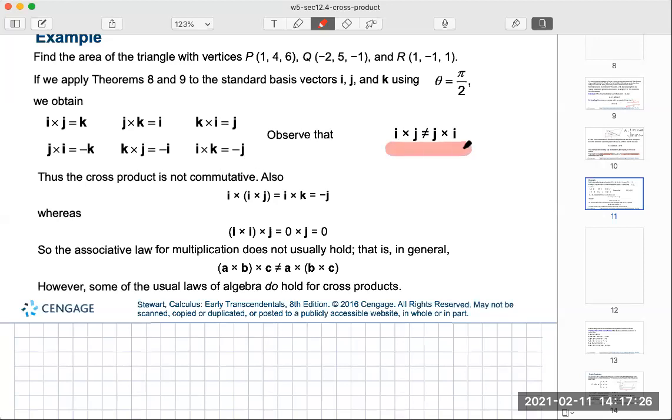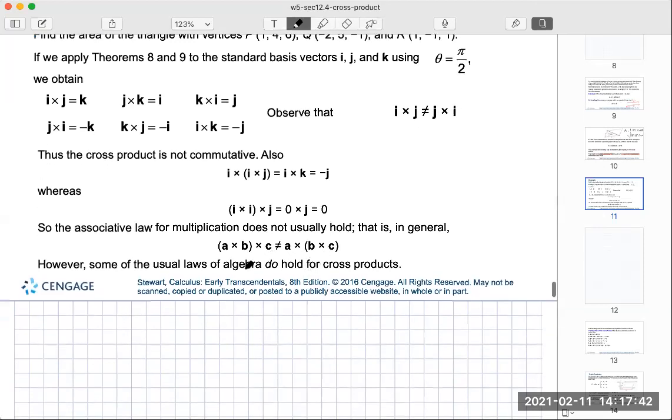Observe that i cross j is not equal to j cross i. Therefore the order is very important. A cross B cross C is different from A cross B cross C with different grouping here. Very important. Okay. Do this in order.